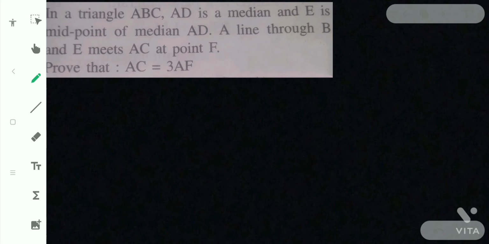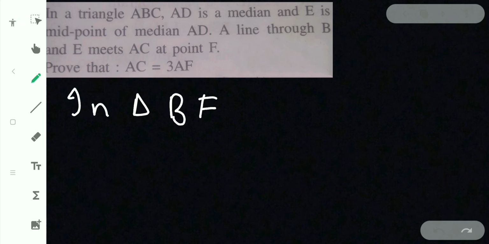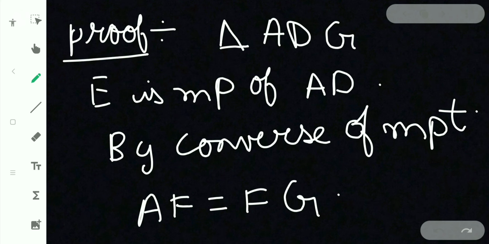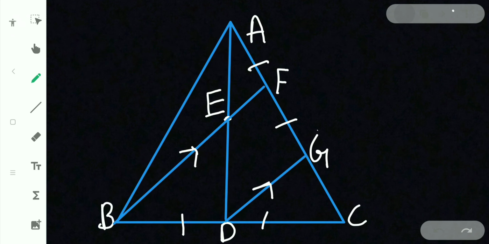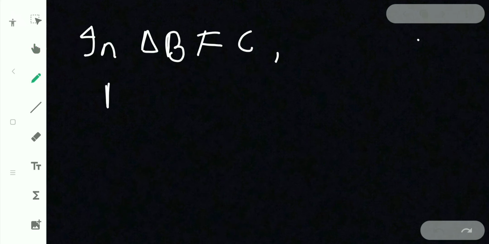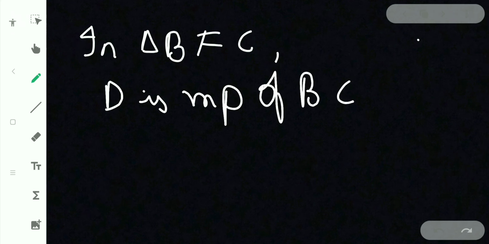So I am writing here, in triangle BFC, we are having D as midpoint of BC. D is midpoint of BC.